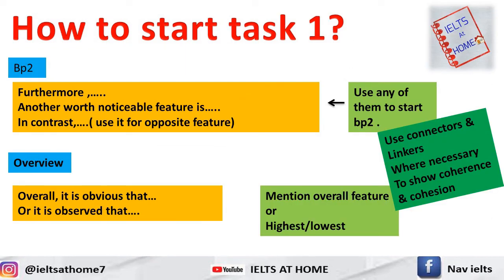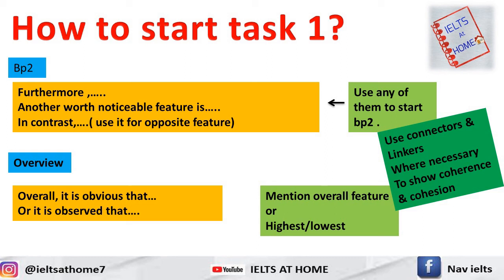Then you need to write your body paragraph 2. For body paragraph 2, you can use any connector or linker: furthermore, in addition, or another noticeable feature is. If you are presenting the opposite feature, then you can use in contrast or however. Use any of them to start your BP2 according to your information.